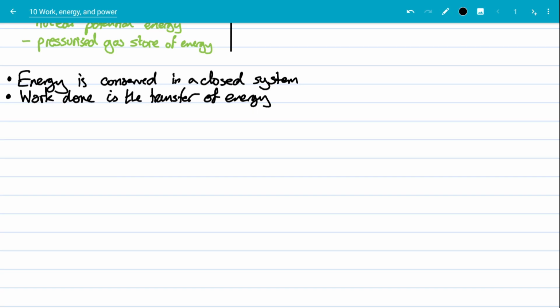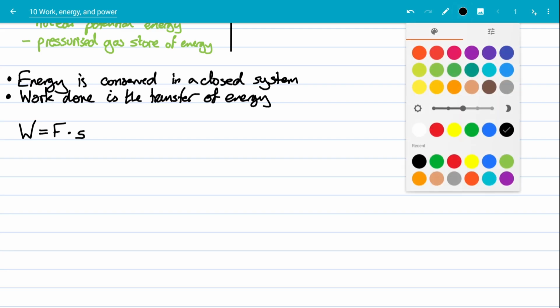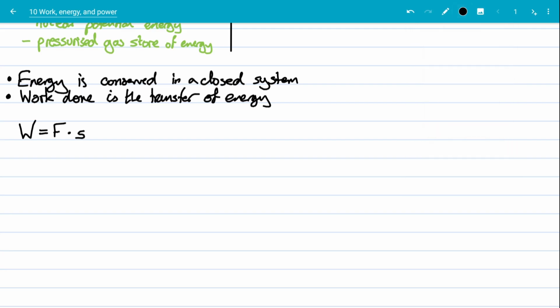Now, at GCSE level, the amount of work that was done was written as the force multiplied by the displacement. And it may well be that your teacher did not write it quite like this, but this is how I write it. As a matter of fact, I tend to put the S and the F the other way around. It doesn't actually matter in this case. So that is usually how it is written.